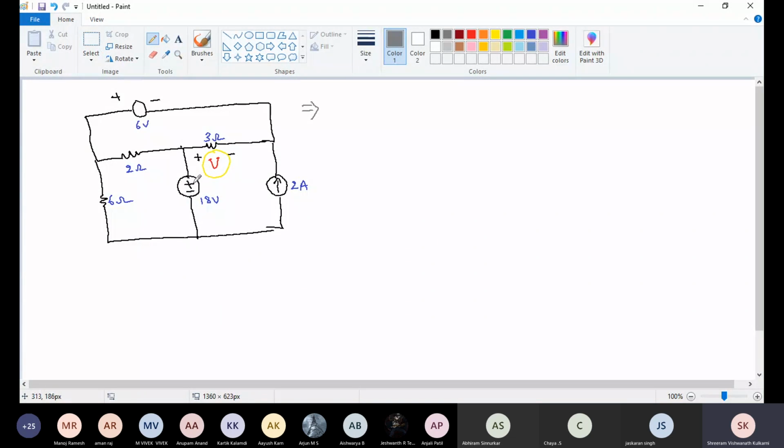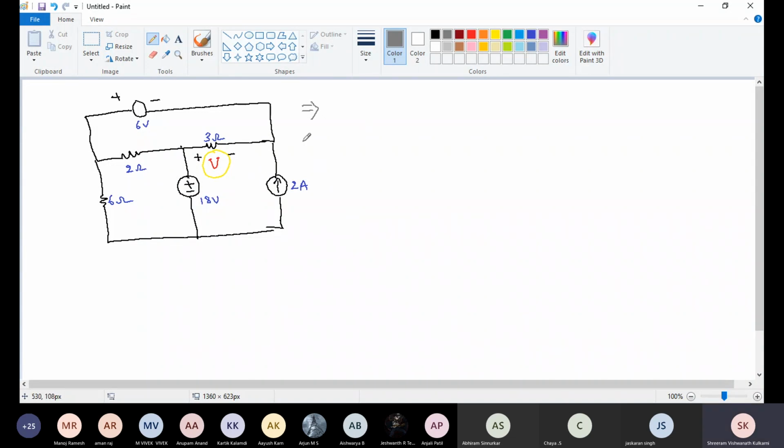Now what you have to do? Select a single source. Replace all other voltage sources by a short circuit and current sources by an open circuit.